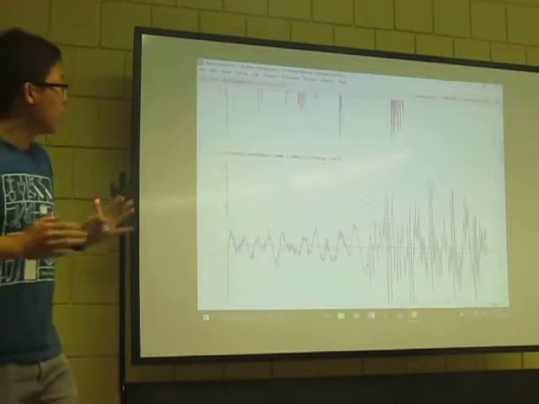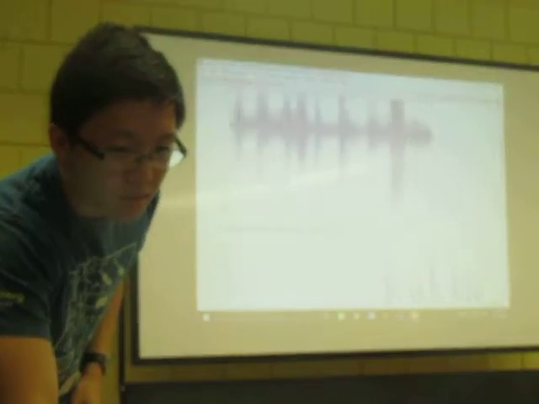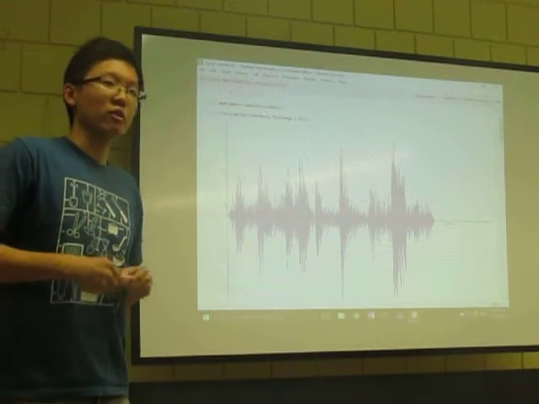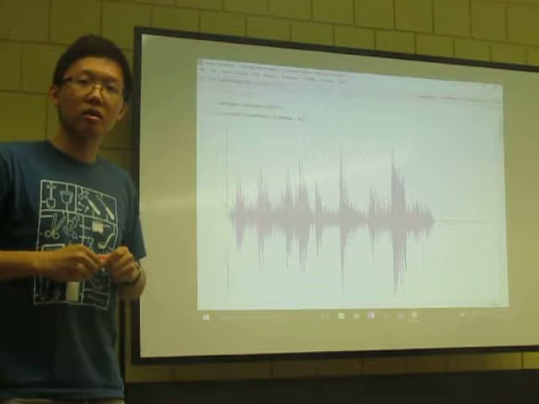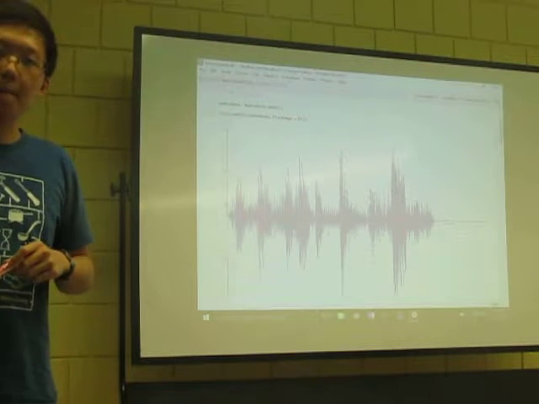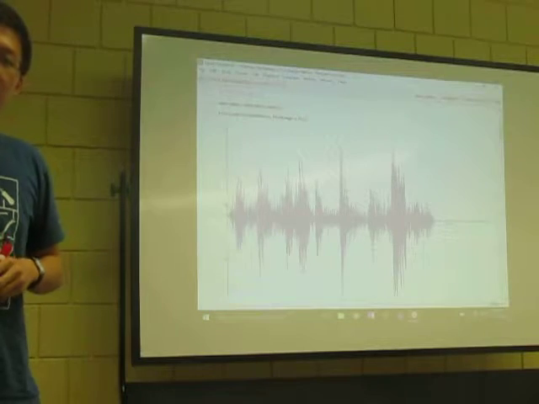And so, sort of in your own words, how do we increase the frequency of a graph like this? Yeah, you compress it. What do you mean by compress? So you take the whole graph and then you shorten it to a smaller amount of time. Yeah, exactly.